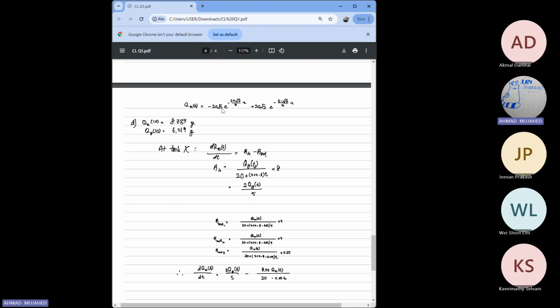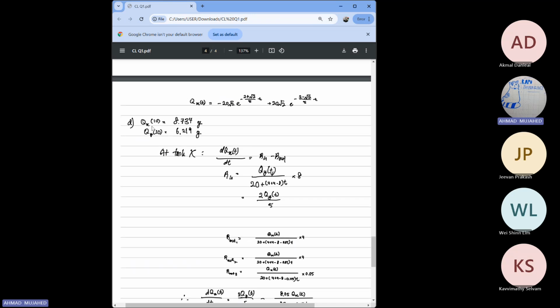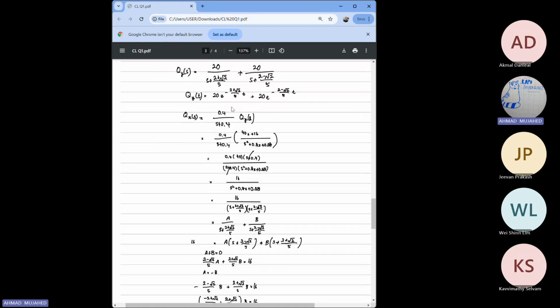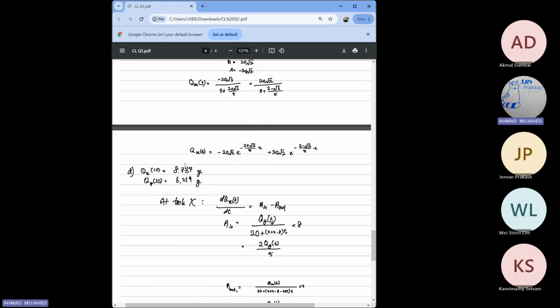So Qx at t equals 10. They just insert the value 10 into here and the Y value 10 into this. So you get this.